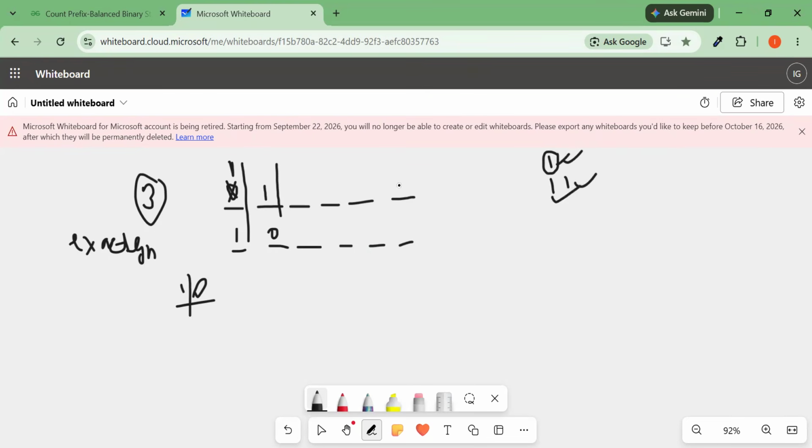For exactly n ones and n zeros, we can put the remaining further, right? We need three ones and three zeros, so we can put the remaining ones and zeros later. We are good till now. What about one zero? The prefixes will be one and one zero. This is fulfilling. You can simply say the condition is: if you have x zeros, you should have a number of ones greater than or equal to x.